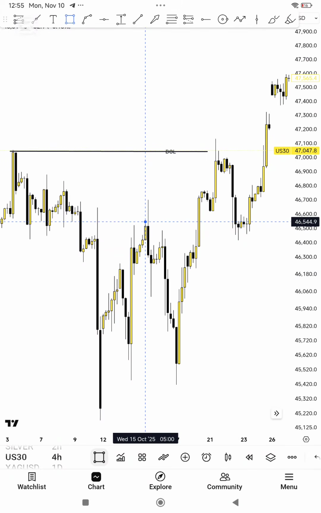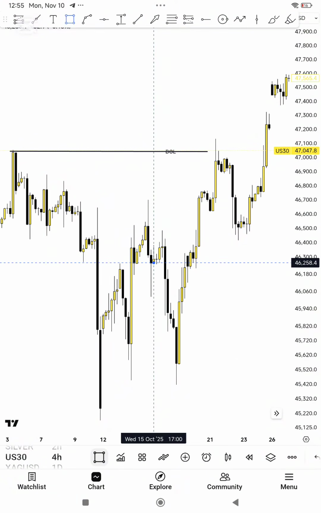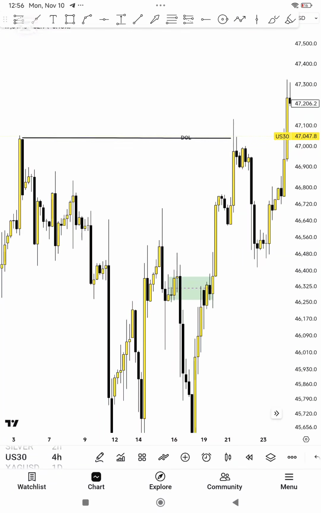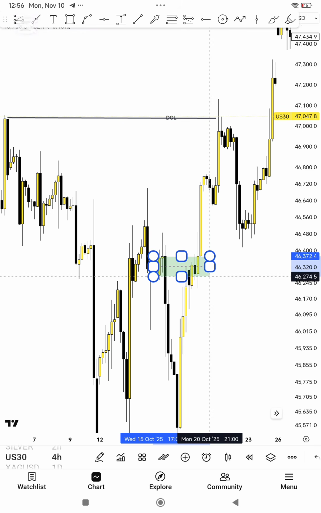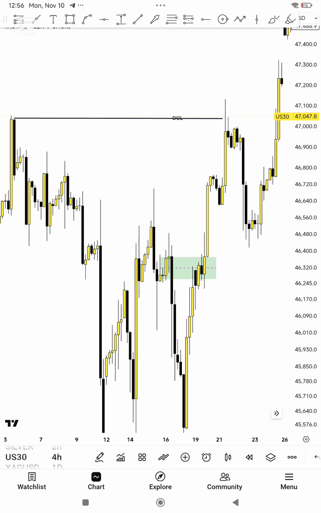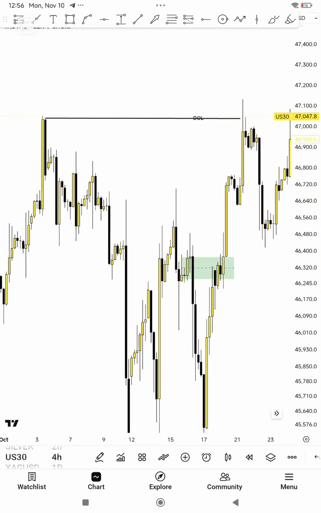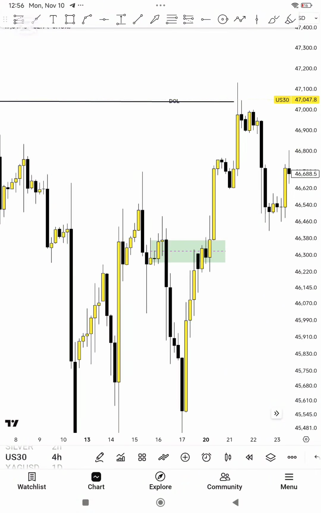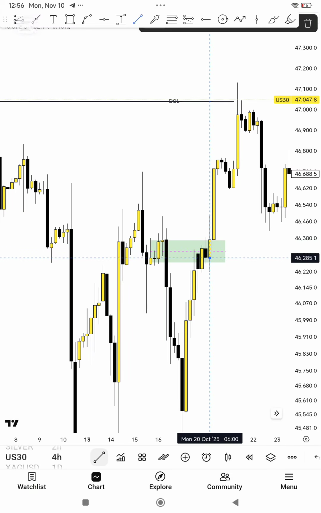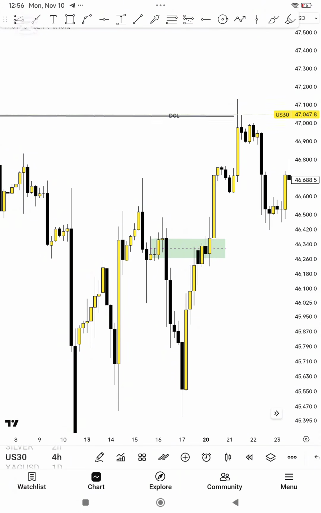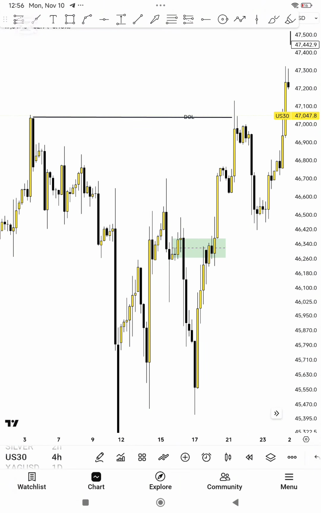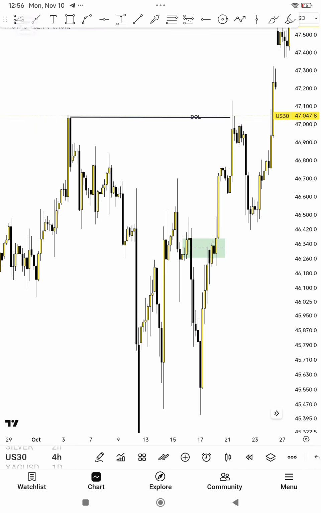Here you can see we have a block, a key level on the H4 time frame, and the market tapped that key level, which is internal liquidity, and it swept the previous candle. Let me show you. This candle has swept the previous candle low and closed above the previous candle high, which is a good sign of continuation of the price.